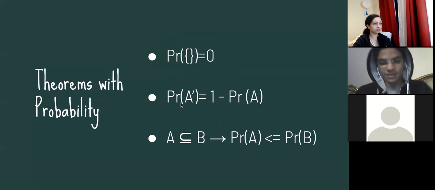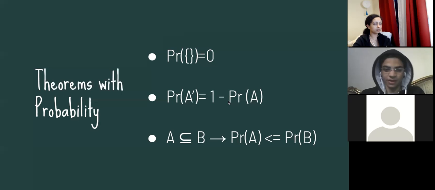The second case is that the probability of A dash equals 1 minus the probability of A. And this can already be seen because A and A dash are disjoint, and adding these two gives you S. So A union A dash gives you the whole sample space. For example, if you're rolling a die, getting one and not getting one gives you all the possible outcomes.